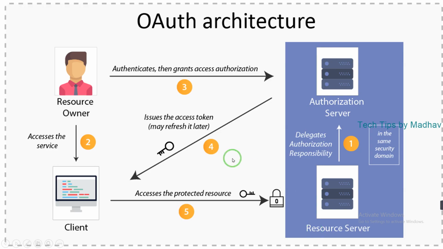When it comes to implementation, if you want to define any third-party application to act like an OAuth consumer, we have certain APIs. At the same time, if your application wants to act like an OAuth provider, we have certain APIs and we need to follow those standards to write the code.